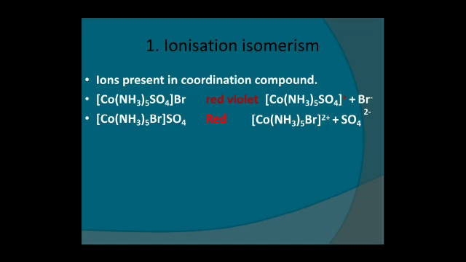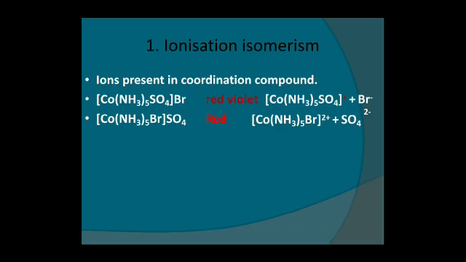Next is ionization isomerism. What is ionization isomerism? In this type of isomerism, the compound will be the same but the ions will change position from the rectangular bracket.